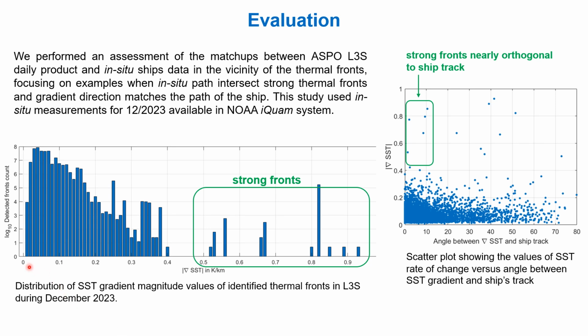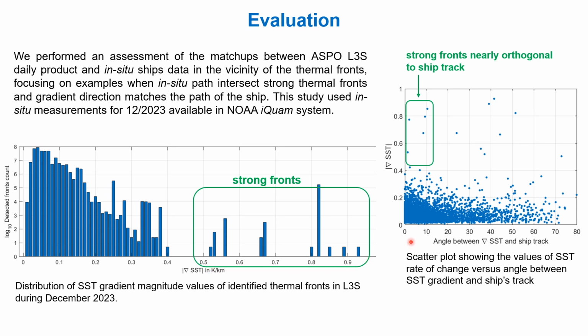The bar plot shown here depicts the detected front counts on a logarithmic scale. As we can see, there are mostly weak fronts. The horizontal axis is the gradient magnitude in Kelvin per kilometer. Our focus is on the strong fronts, and there are not that many of those present in the monthly global L3S gridded data.